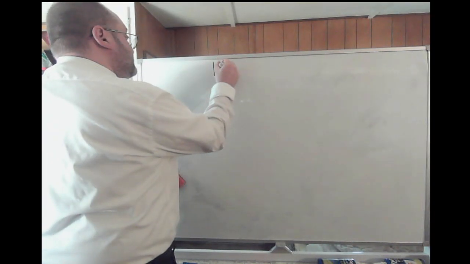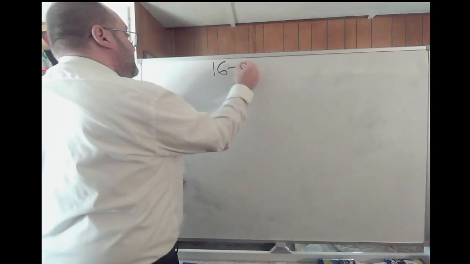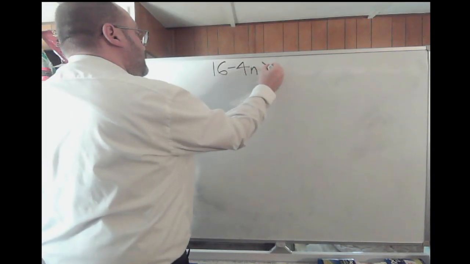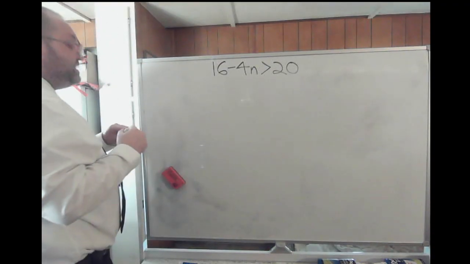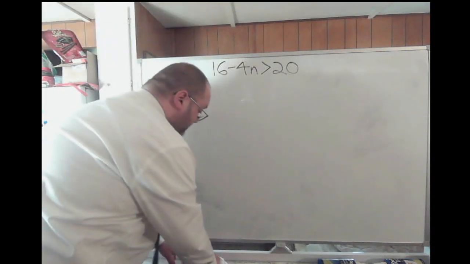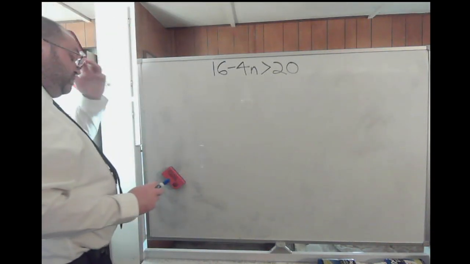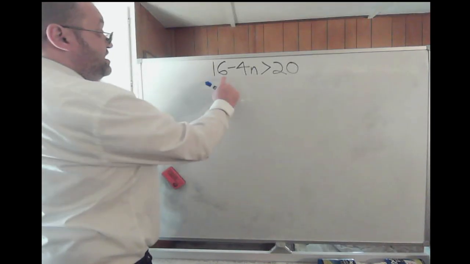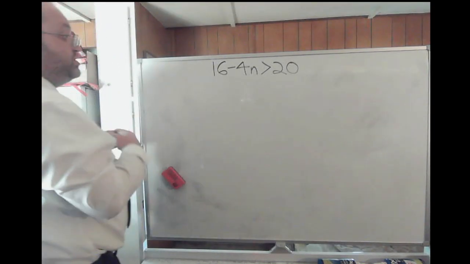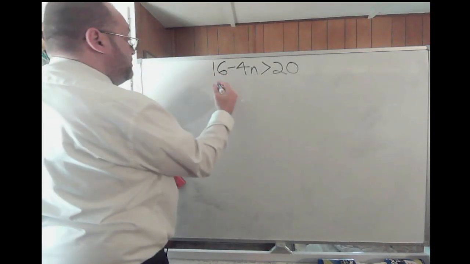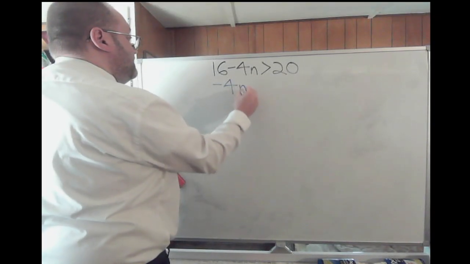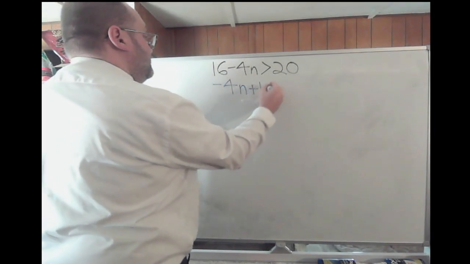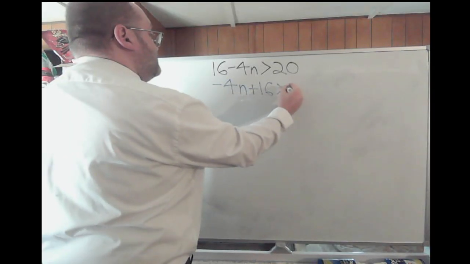Alright, so we got 16 minus 4n is greater than 20. Well, once again, I would go ahead and use that commutative property of addition to switch the 16 and negative 4n around. So what you'll get is negative 4n plus 16 is greater than 20.